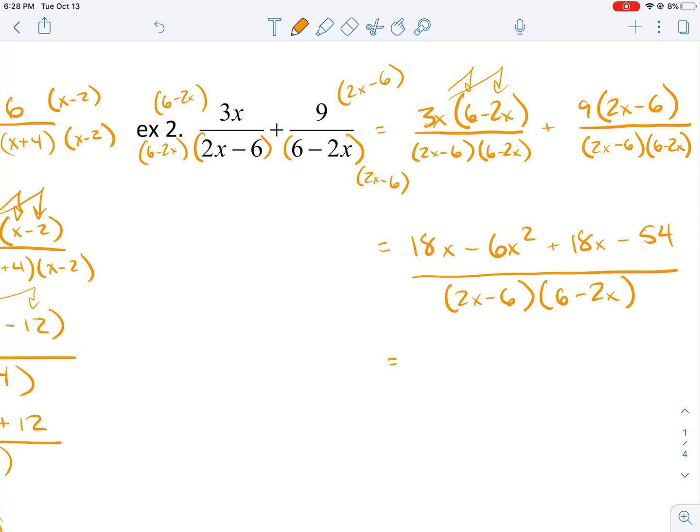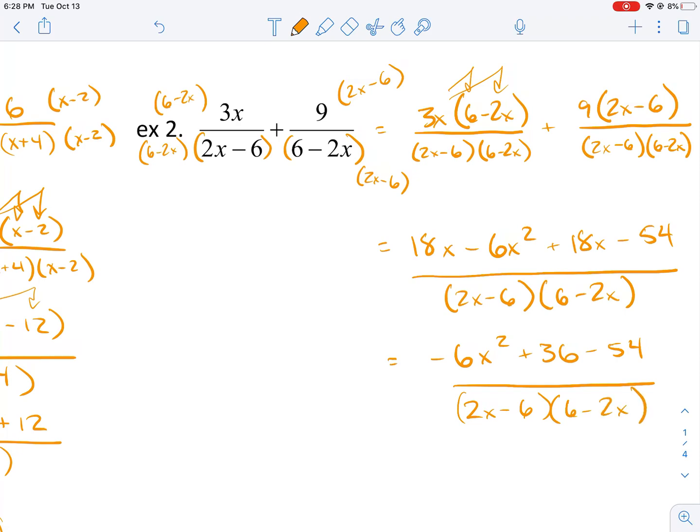Finally, combine like terms. So we get negative 6x squared plus 36x minus 54, all over 2x minus 6, 6 minus 2x.